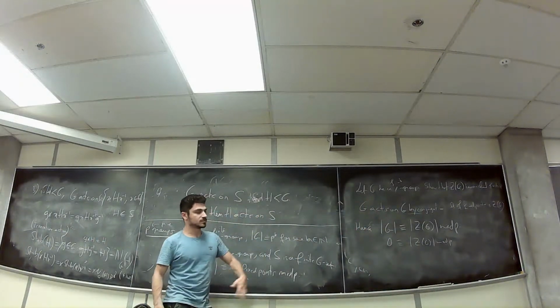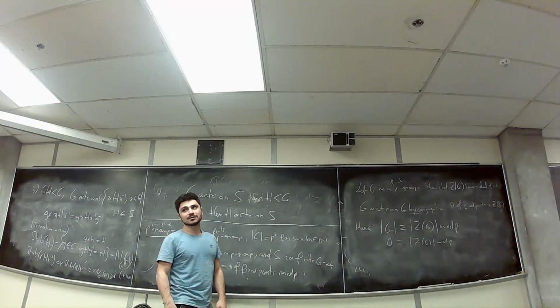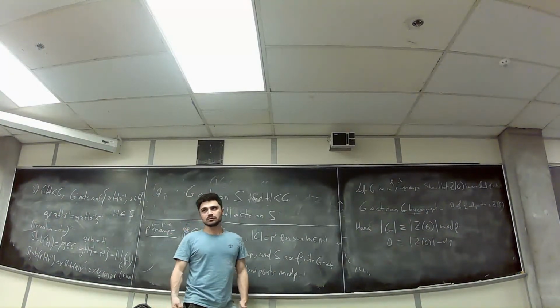ZG is congruent to 0 mod P. That's one way of doing it. And then what can I say? Can ZG be 0? Definitely not.